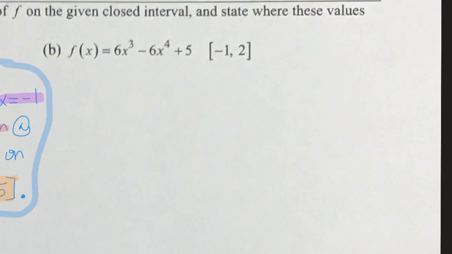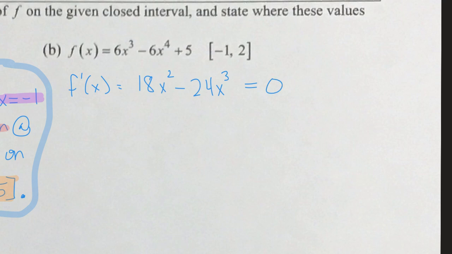Okay, here, number B, letter B. Number B, we start with the derivative, which is 18x squared minus 24x cubed. And we set this equal to 0. Okay, so this is a polynomial. We're going to solve it by factoring, but we're not going to do a quadratic. We're going to do a common factor.